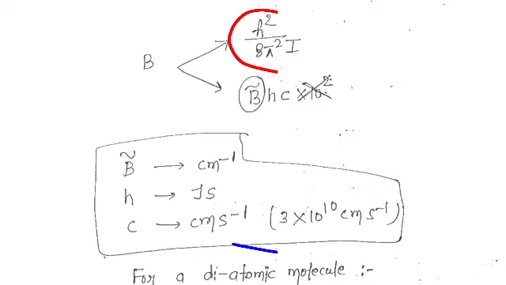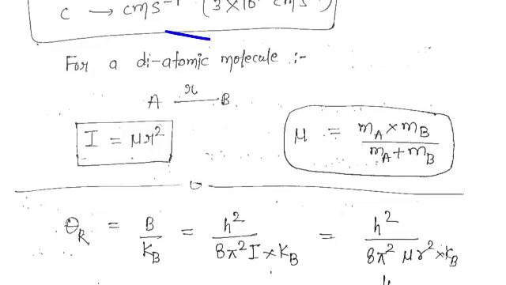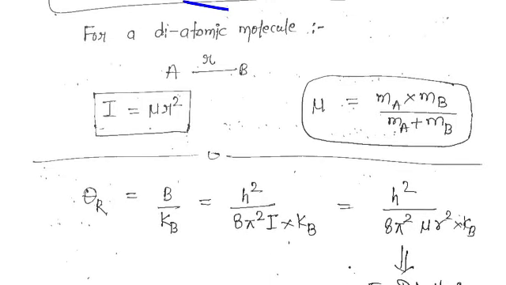Now for a diatomic molecule, if AB is the molecule and R is the distance between A and B, or say the bond distance, then I can be given by mu R square. R is the distance between A and B, and mu is the reduced mass of the molecule.